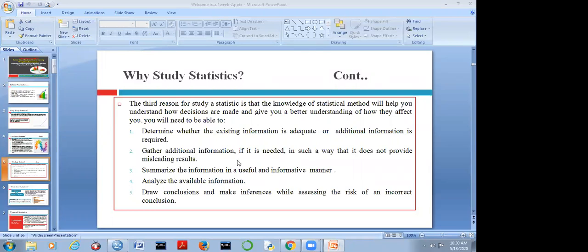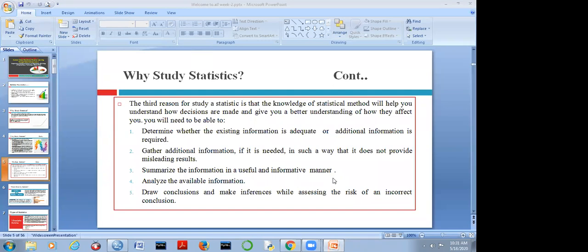Gather the additional information if it is needed, in such a way that it does not provide misleading results. For example, you add more information, then you think again: is this information providing me a good result, or is it misleading the results? Then you summarize the information in a useful and informative manner.